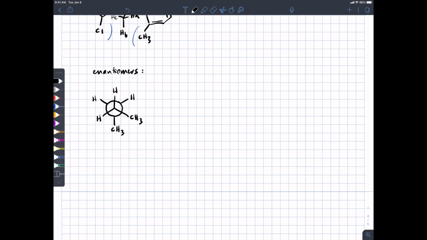And some of you would have noticed that there are 2 equivalent gauche conformations of butane. And they actually look like they're enantiomers, right? The mirror plane would be right here. Everything on the left is a reflection of what's on the right.